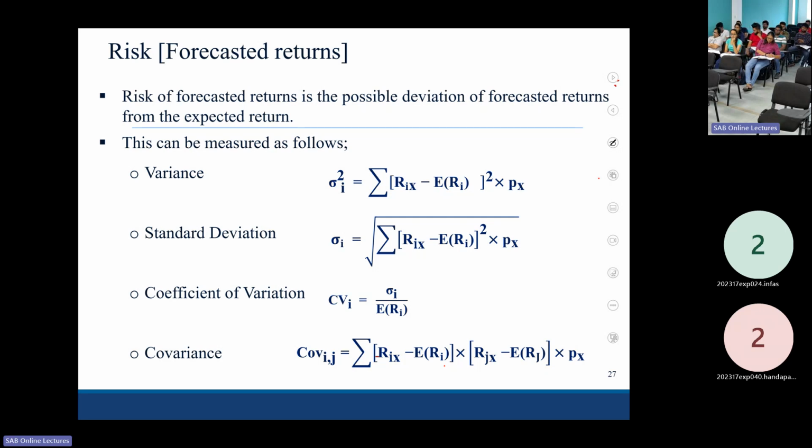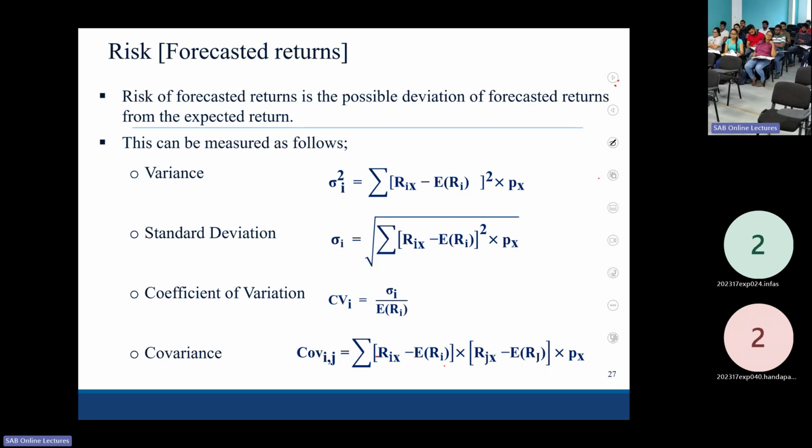Then plus the same for the third state of economy, with its probability. Then the fourth one; in our example, we have four states of economy. Once you get the total, the summation, that is the covariance.